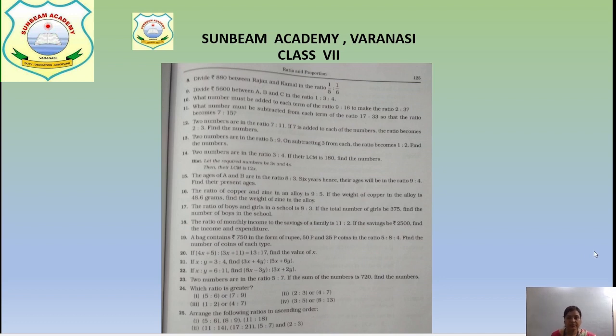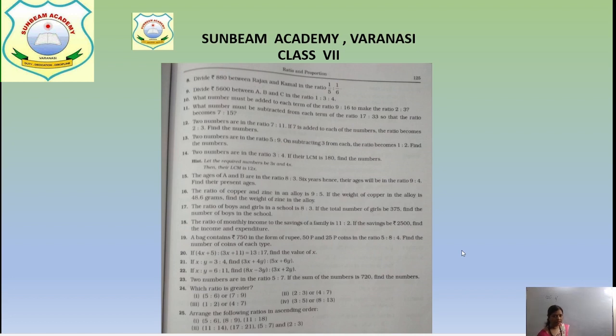If 4x plus 5 is to 3x plus 11 is equal to 13 is to 17. Quickly write down, children. I am also writing without wasting the time. Question number 20. If the condition is given that this is equal to that, find the value of x.